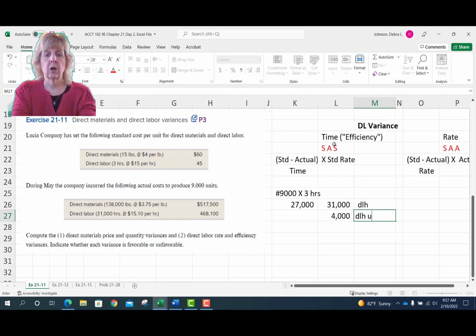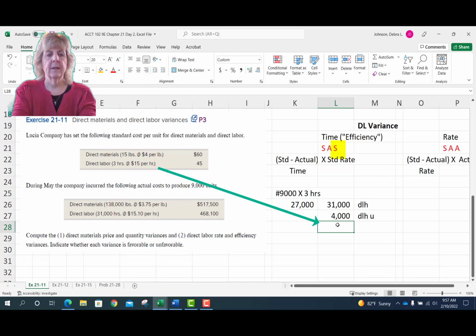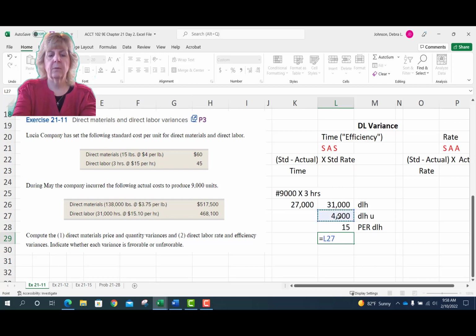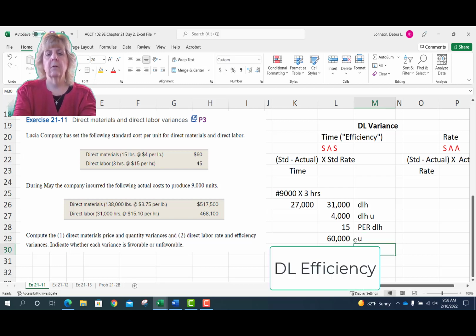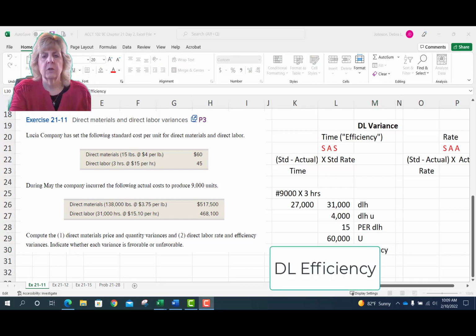To turn that into dollars, we'll multiply by the standard rate. The standard labor rate was $15 per direct labor hour. And when we do the math, 4,000 times $15 per hour, we get $60,000 unfavorable variance. So we were inefficient in the use of our time, and that cost the company $60,000.